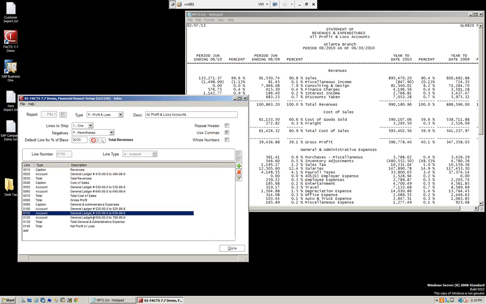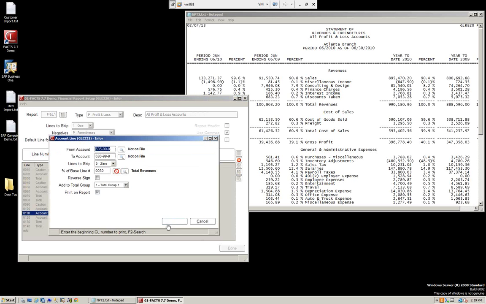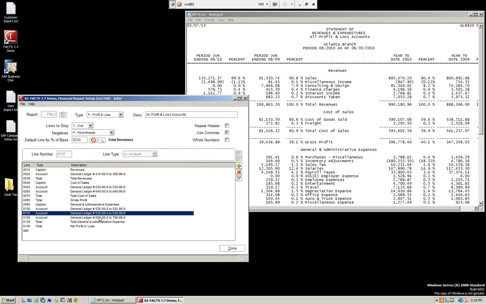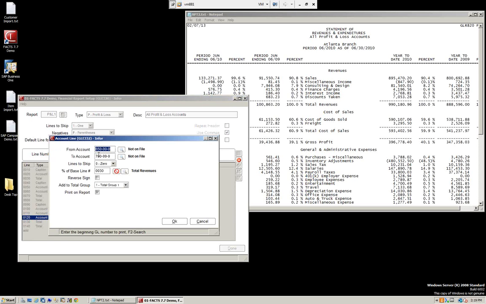And I have these. And again, same here. You can see I'm just doing my range. The nice thing about this is that as I create more expense accounts, as long as I create them within that range, I don't have to re-add them to the profit and loss.